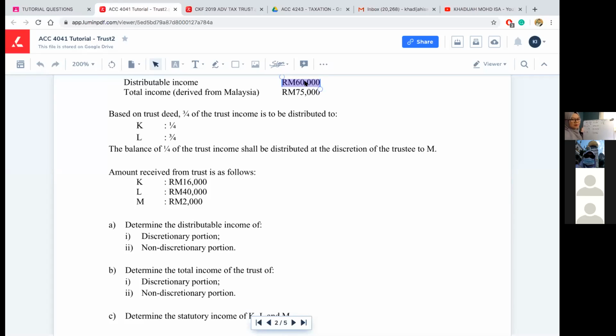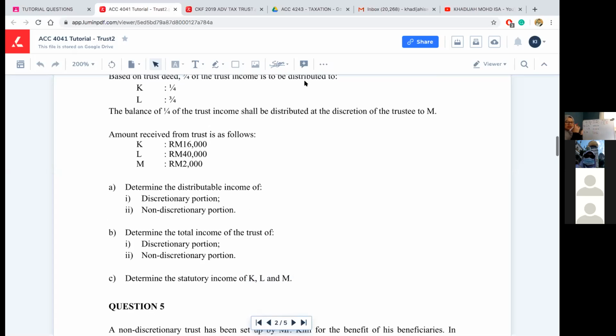But when we talk about total income of the trust, the discretionary portion and non-discretionary portion would be these two amounts: 56,250 and 18,750. As for distributed income, from that 60,000 you divide into 3/4 and 1/4. 3/4 is the non-discretionary portion, 1/4 is the discretionary portion.